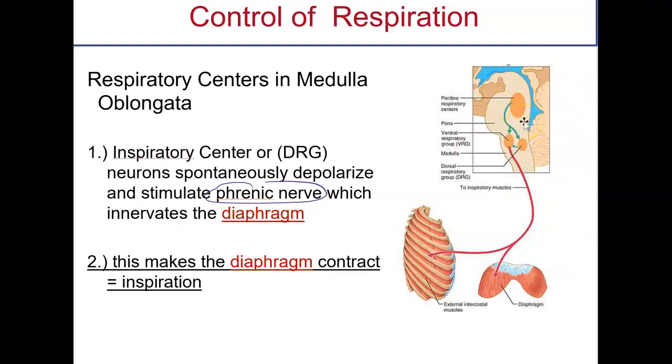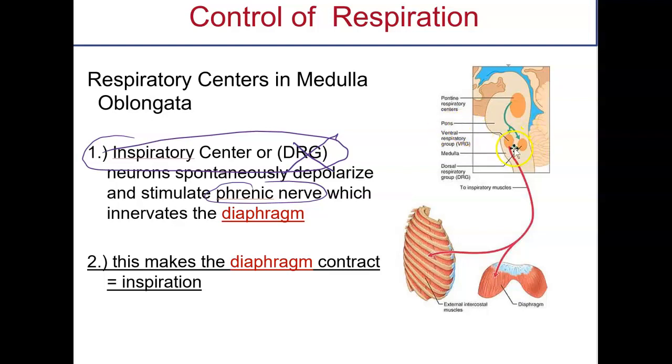So to keep it simple, we are going to talk about just the inspiratory center, otherwise known as the DRG. Now, again, some books will say VRG, some will say DRG, and I have both in your notes, so don't get too hung up if it's the ventral group or the dorsal. There's two of them here, and nobody agrees. But we'll agree on the fact that we're going to call it the inspiratory center.